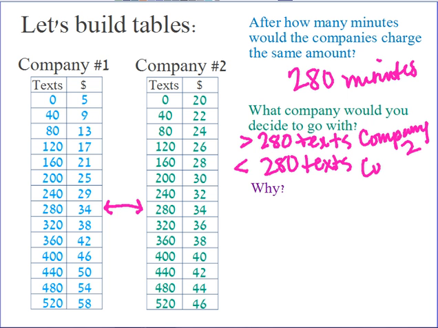Company 1. So basically, if you're a teenager, you would want company 2. And if you're a parent, you would want company 1. Let's be glad for unlimited text message plans. And why? Because I want the better deal. I don't want to spend more than I have to.